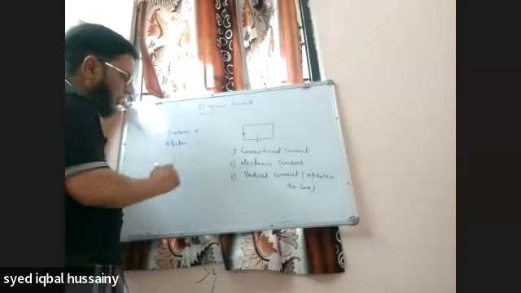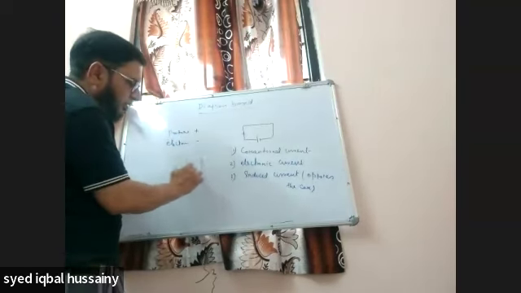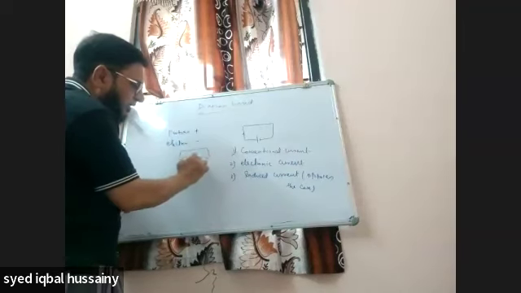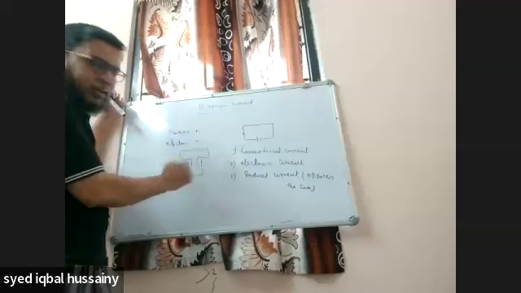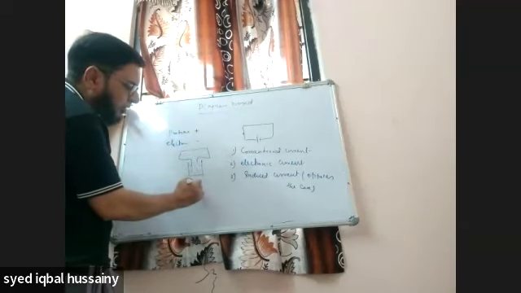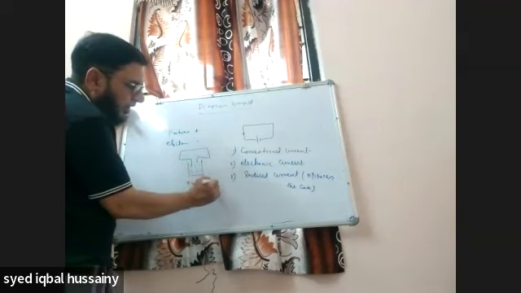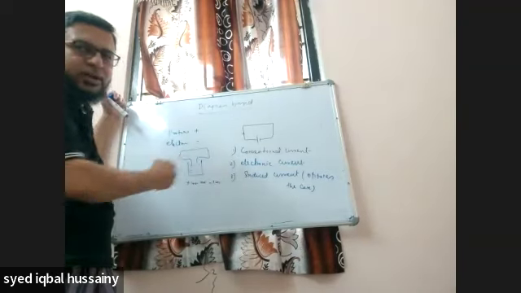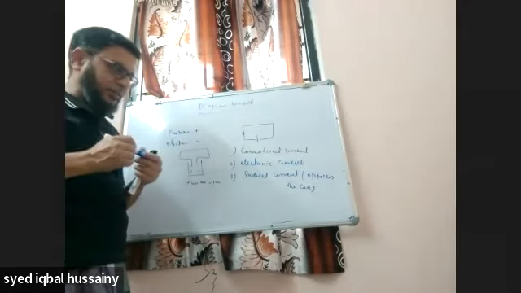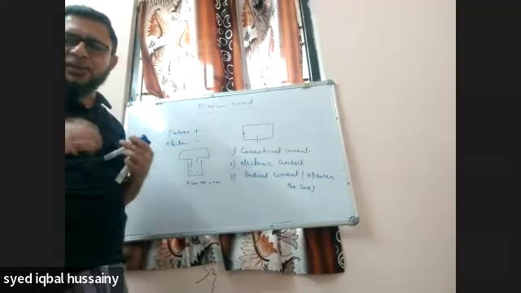Suppose you take an electrolyte connected to a circuit. In an electrolyte, both positive ions and negative ions are responsible to conduct the electricity. So keep all this basic knowledge.